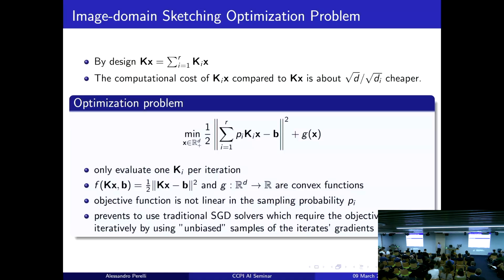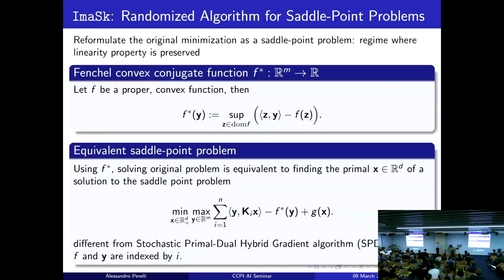Now the problem here is that the objective function is not linear anymore in the sampling probability, so we cannot use, for example, stochastic gradient descent to solve this objective function. So this is when we want to turn this problem into a saddle point problem, such that the linearity property is preserved.